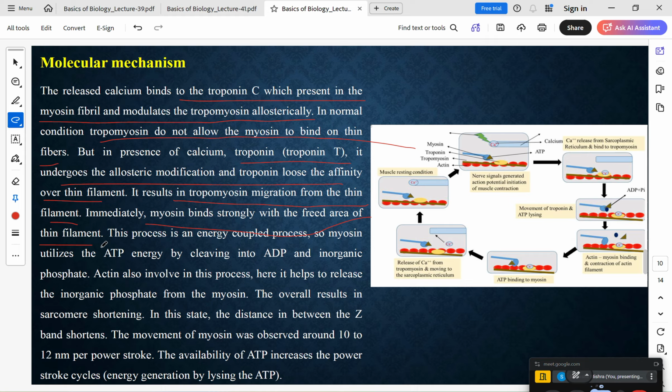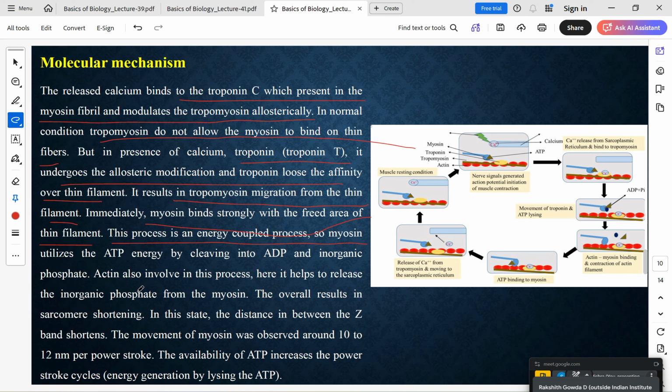So there are binding sites on the actin filaments and on the myosin filaments. These binding sites are masked because of troponin and tropomyosin. When there is calcium released, these sites get exposed and therefore actin can now bind to the myosin filaments.